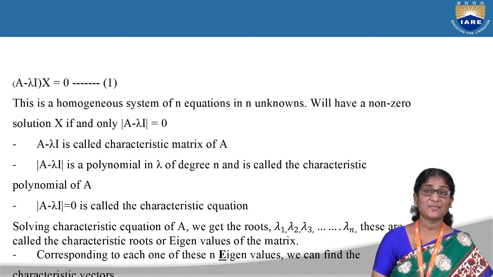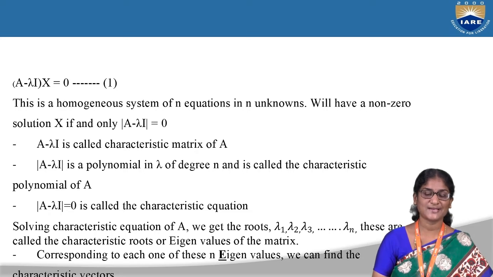Here, A minus lambda I is called the characteristic matrix of A, and the determinant of A minus lambda I gives a polynomial in lambda of degree n, which is called the characteristic polynomial of A. The determinant of A minus lambda I equal to 0 is called the characteristic equation, and solving the characteristic equation of A, we get the roots lambda 1, lambda 2, and so on up to lambda n.